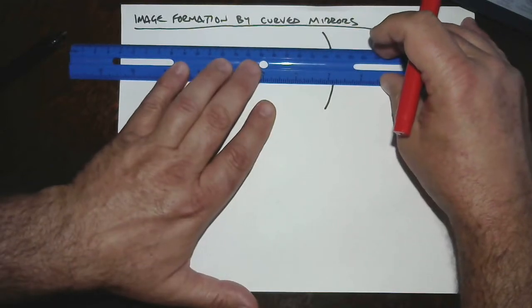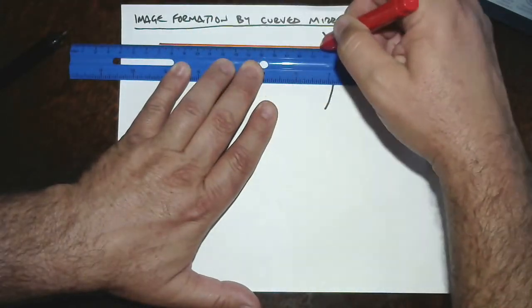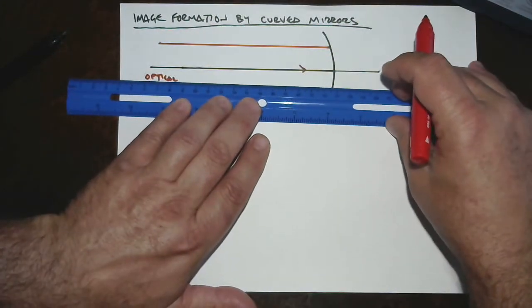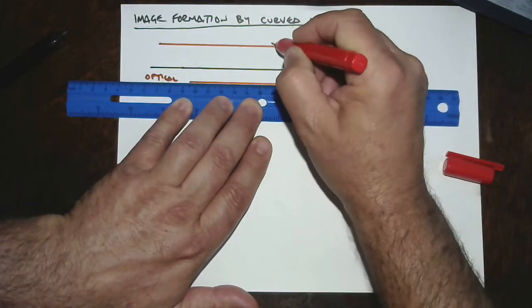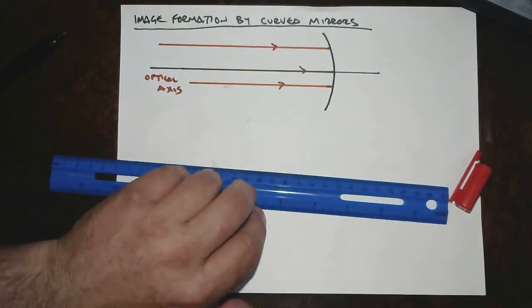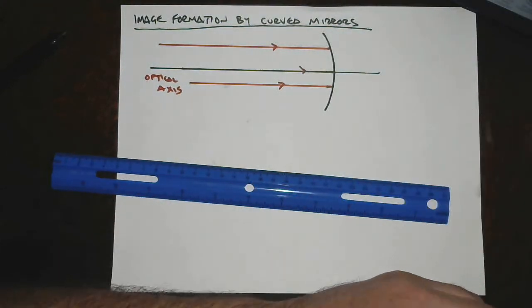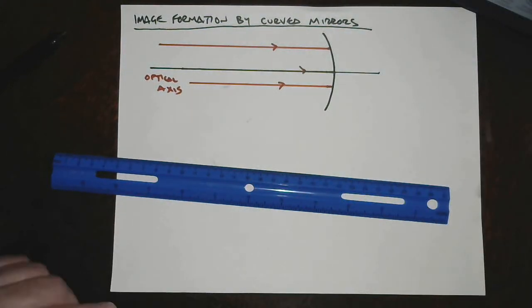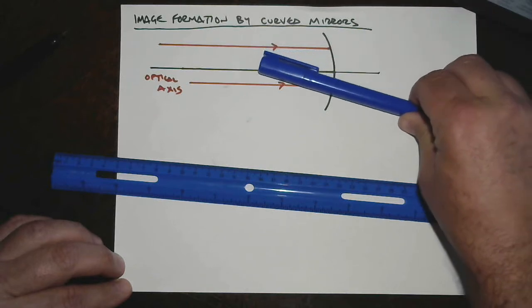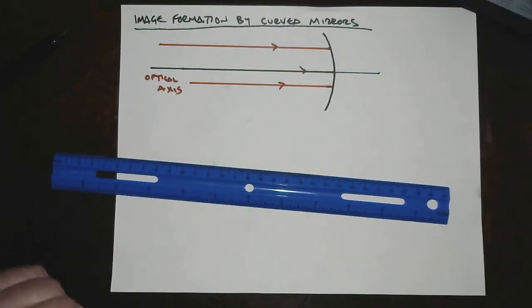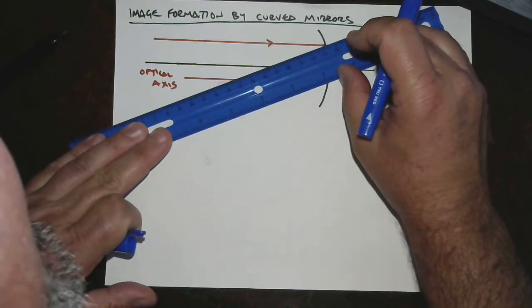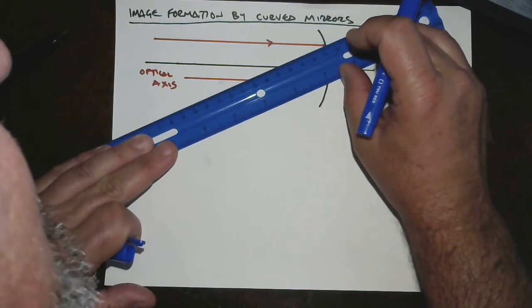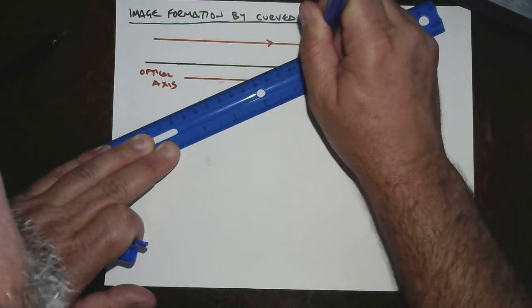Then let's choose a ray that's up high, another ray that's down low. I'm trying to draw these all as parallel as I possibly can, but I don't really care where they hit. As it turns out, the normal changes directions at various places, such that when this ray bounces off, it's going to go probably right about here.